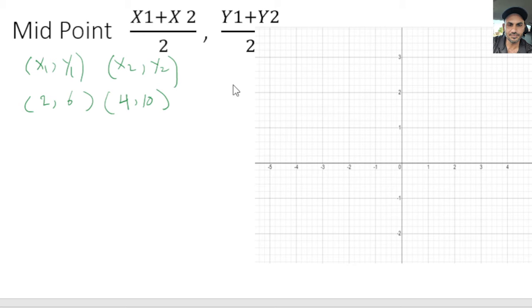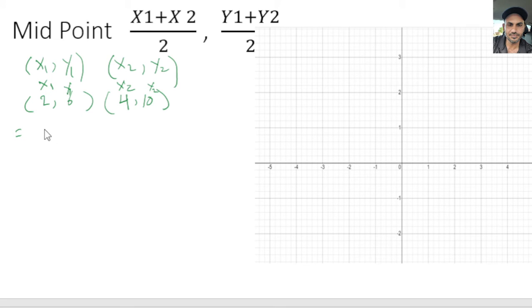Okay. So the smaller x value would be your x1. Out of these two, the smaller one is 2, and the larger x value would be your x2, and the corresponding y value for x1 is y1, and the corresponding y value with x2 would be y2.